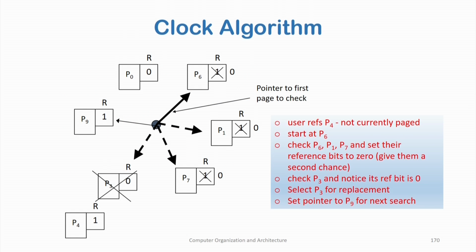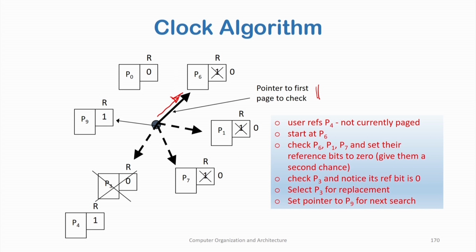So, how does this scheme work? Let us say the previous search ended with the pointer at page 6. Now, this is the pointer to the first page to check.